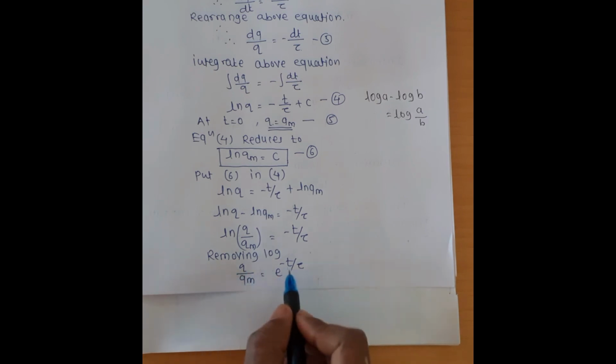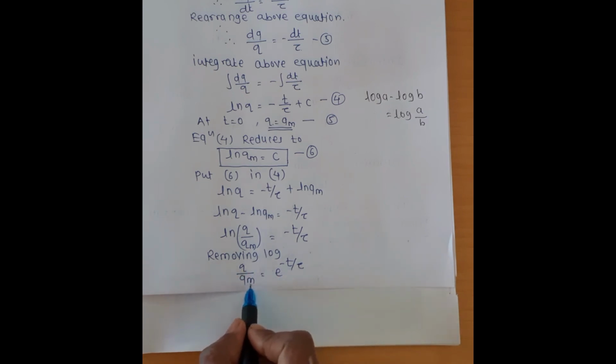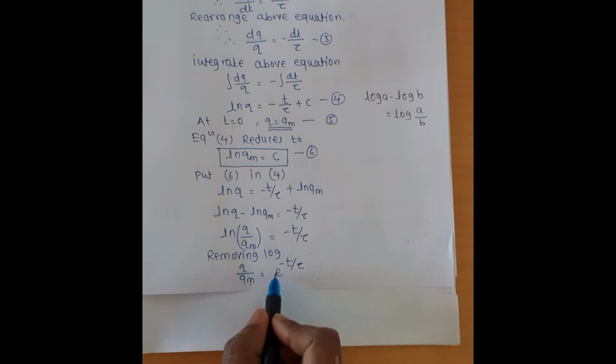Okay, so using this equation we find the value of q. Now qm is divided here, so it goes to the opposite side and is multiplied.